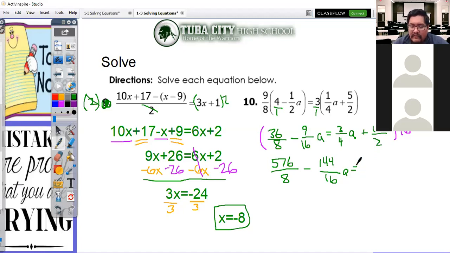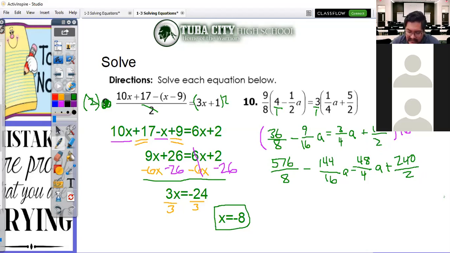So we should get 48 here, 48 over 4a plus, and then 15 times 16 is 240, 240 over 2. Now we didn't change any of the bottom numbers, but we can divide these now.